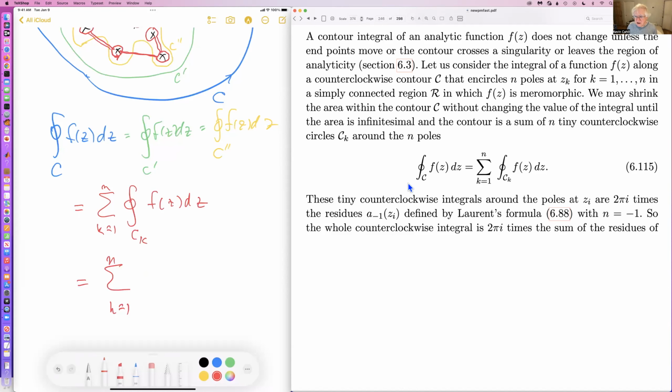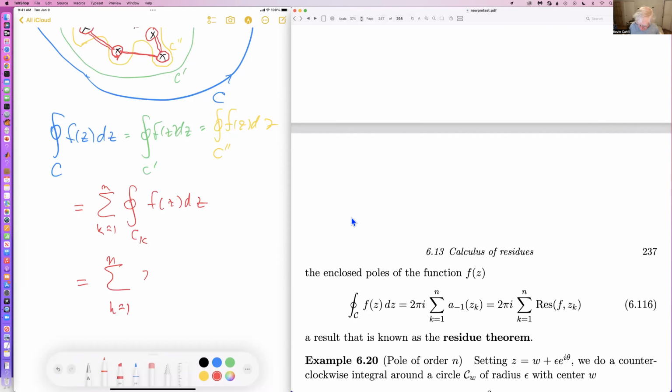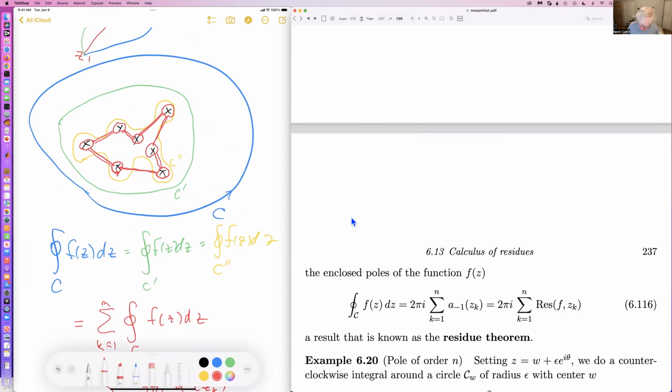This integral is 2 pi i times the -1 Laurent coefficient at the point z_k. So this one here is z1, this is z2, z3, z4, z5, z6, z7.